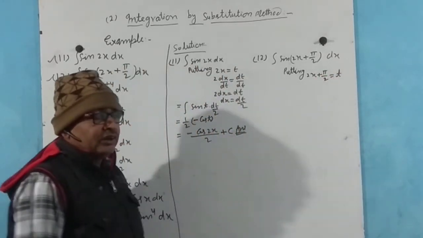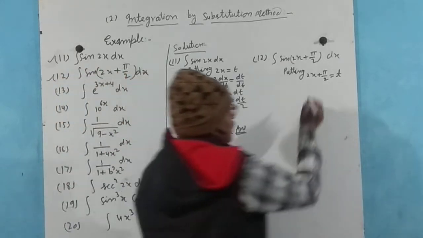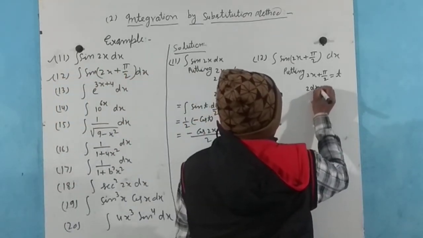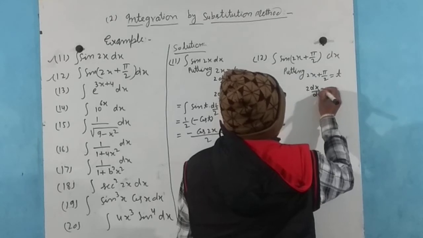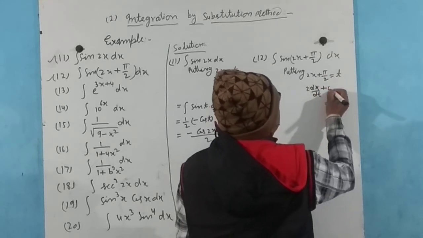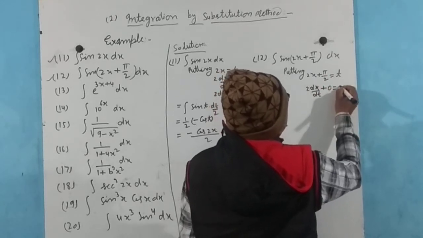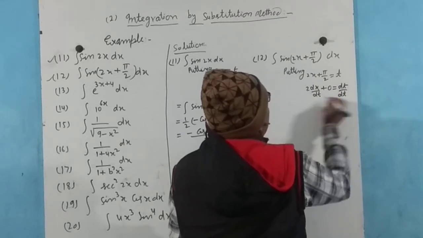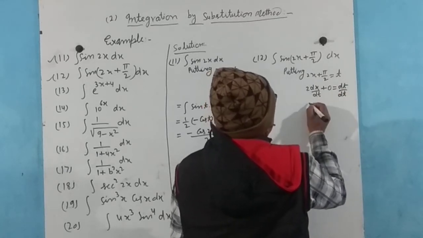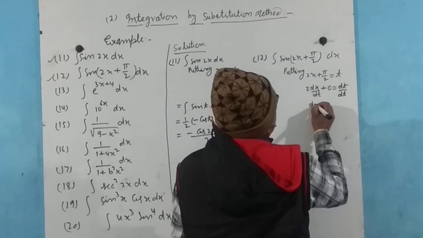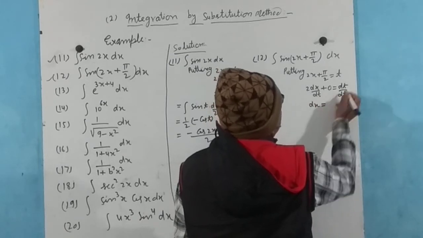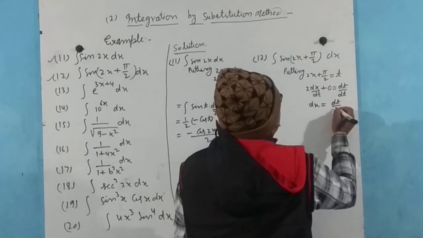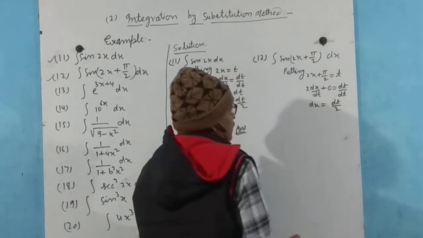Now differentiate it with respect to t. This is equal to 2 dx by dt, and this differentiation is 0 equal to dt by dt. This is equal to 1 and this is 0, so that dx equal to dt by 2 here.